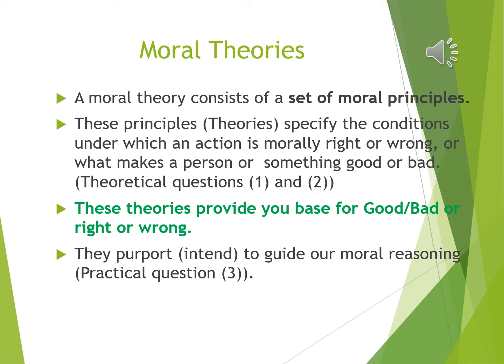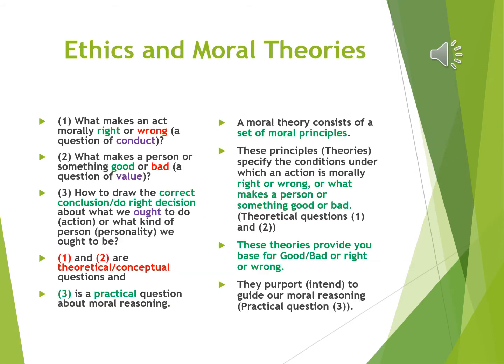They purport to guide our moral reasoning to answer question number 3. So questions number 1 and 2 are based on the theories, and the third question, which is a kind of practical question, is also based on our principles plus our personality, plus the environment in which we are making the decisions.